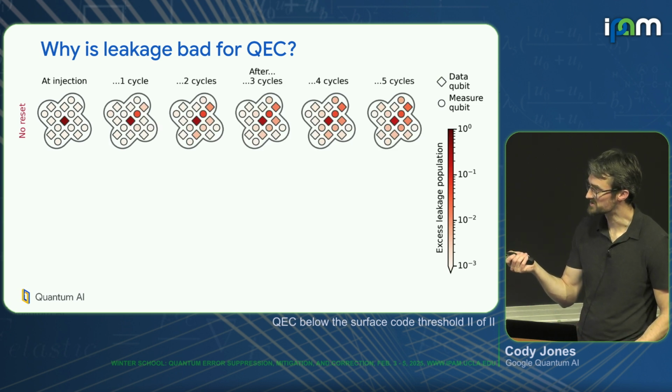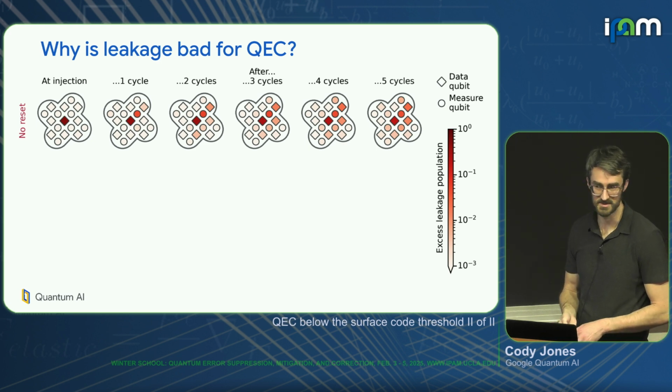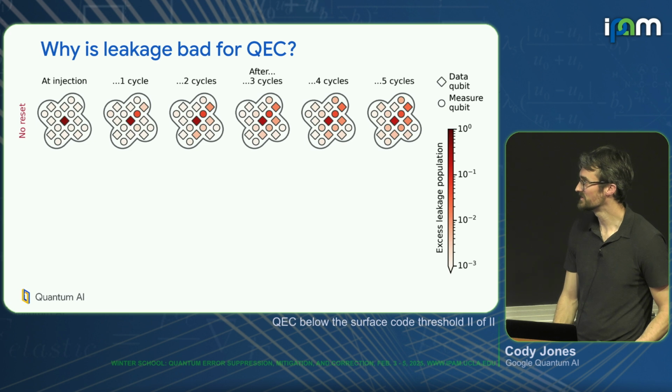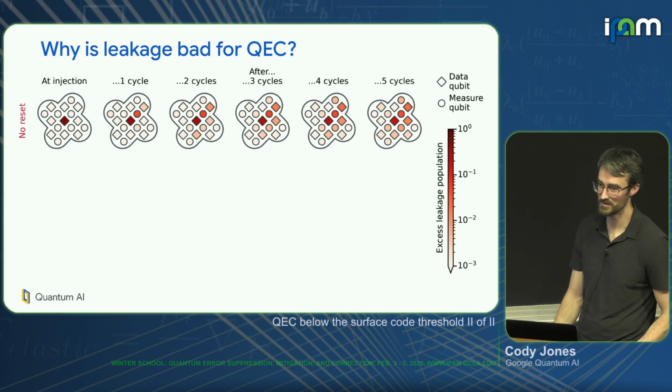So after one QEC cycle, you can almost see there's actually a preference. It sort of goes up in this direction, but it does start to diffuse. So after 1 cycle, 2 cycles, 3 cycles, leakage now could have moved around to different parts of the chip. And so now this is just getting to be annoying. Not only is leakage lasting for a while, but it's moving, it's changing its location.